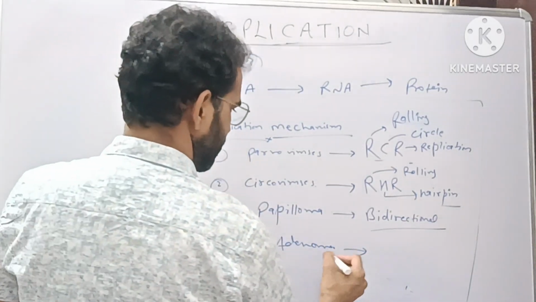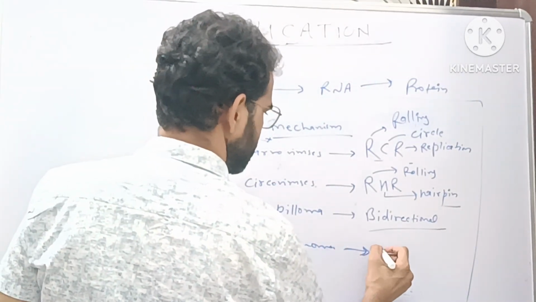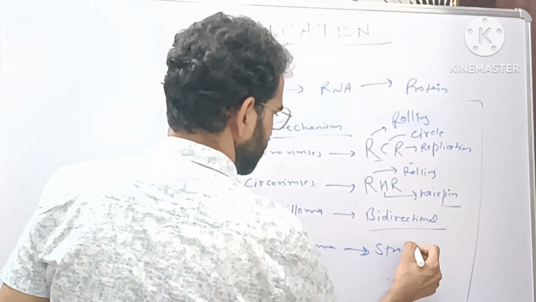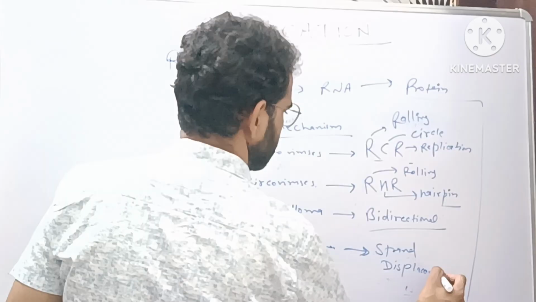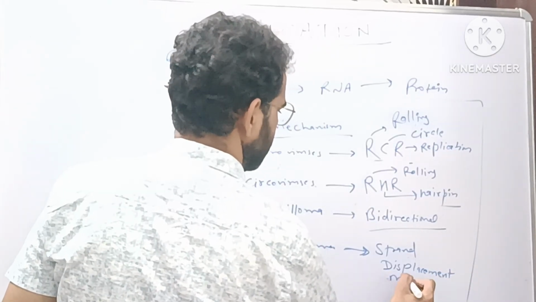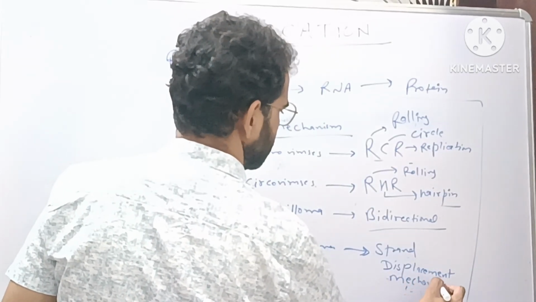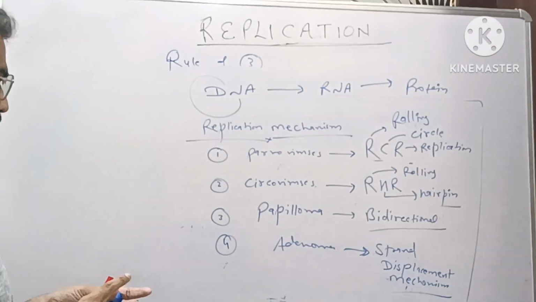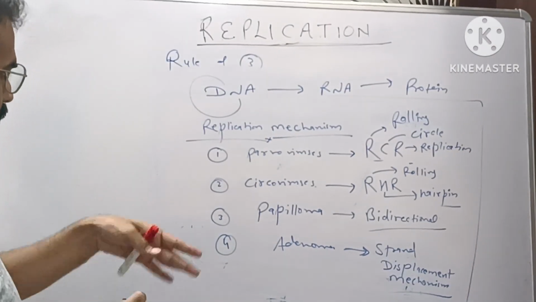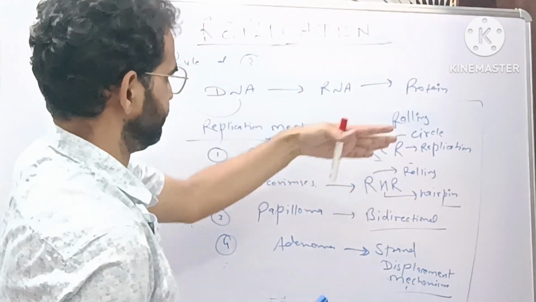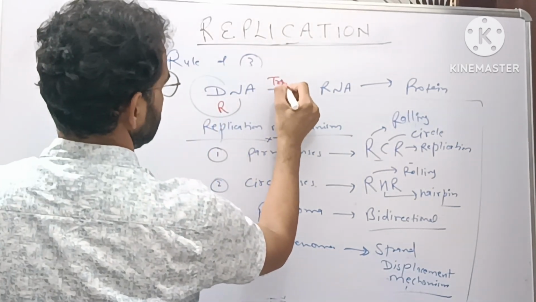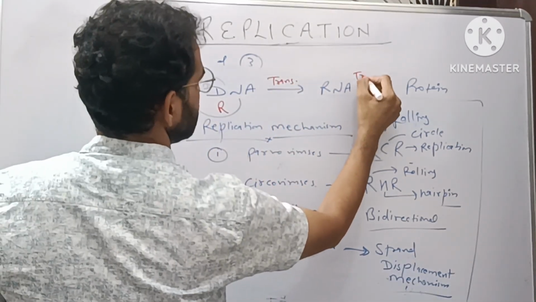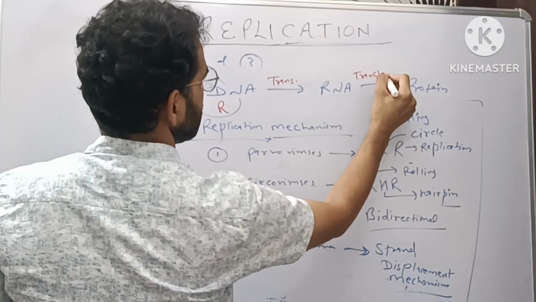In the case of adenovirus, the mechanism is known as the strand displacement mechanism of replication. So from the central dogma, these three parts are replication, then transcription, then translation.